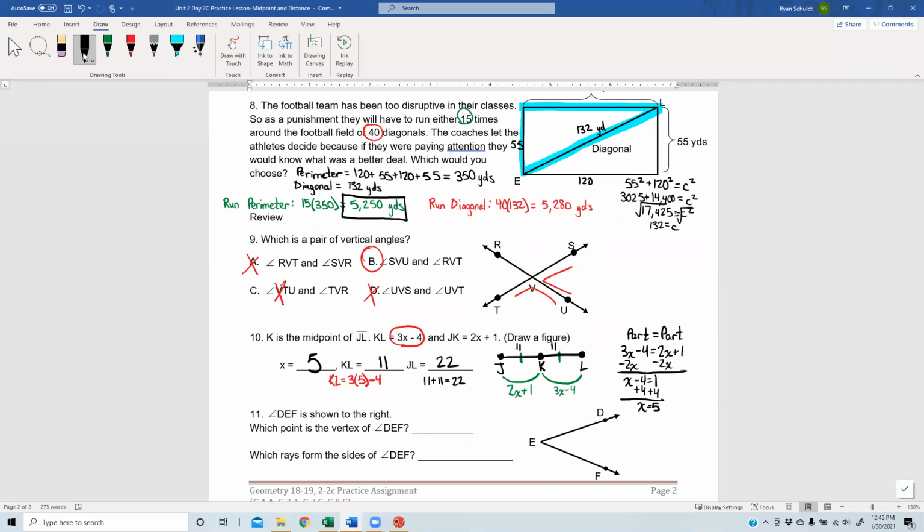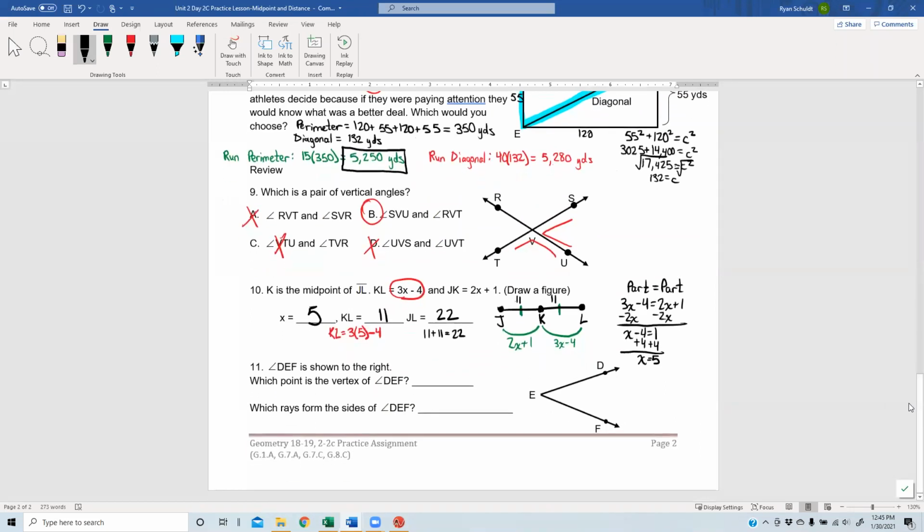Okay, and the last one. It says angle DEF is shown to the right. What point is the vertex? The vertex is where we turn. Where do we turn? We turn here at E. So E is the vertex. And then which rays form the sides of angle DEF?